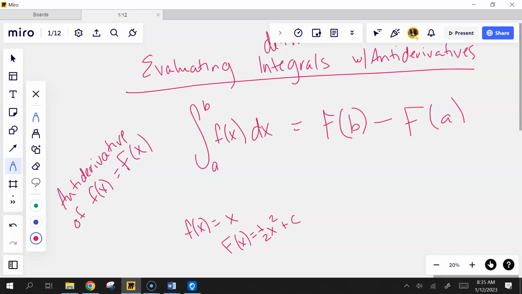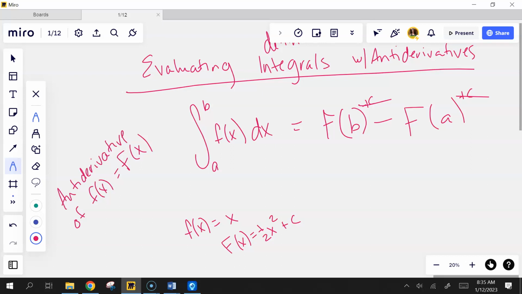So where I go backwards of derivative. So instead of multiplying around, I divide, and instead of subtracting 1, I add 1 on the exponent, right? I don't have to worry about the plus c on definite integrals, because if you did plus c here and plus c here and you're subtracting, they cancel out anyway. So you don't have to worry about the c's. But you do have to recognize the antiderivative and then plug it in.